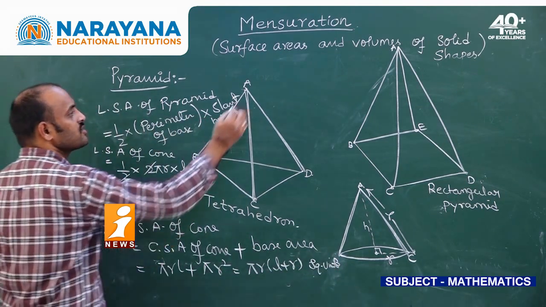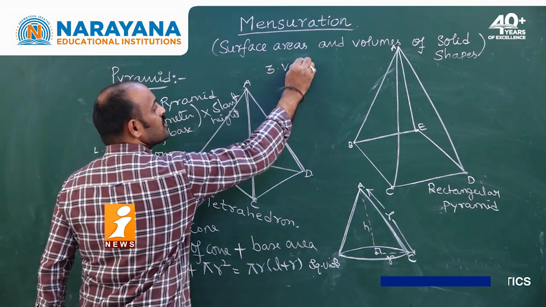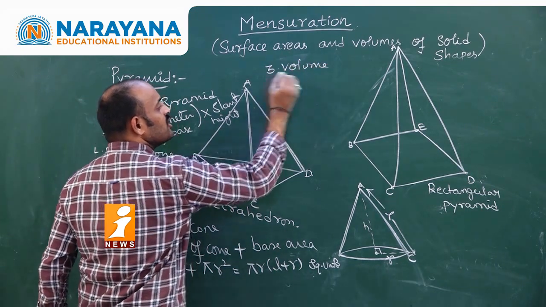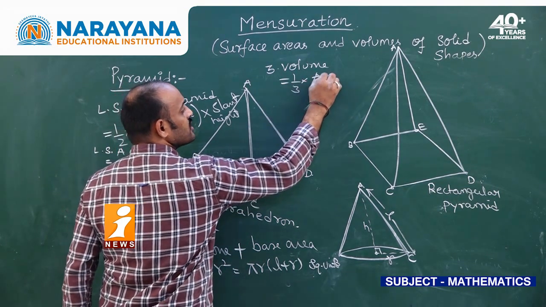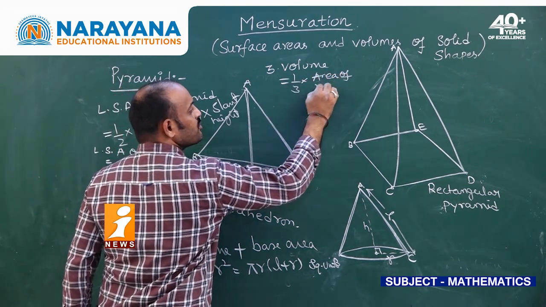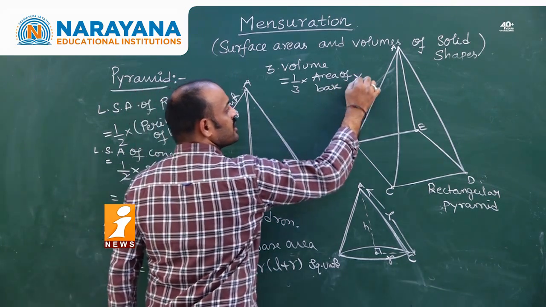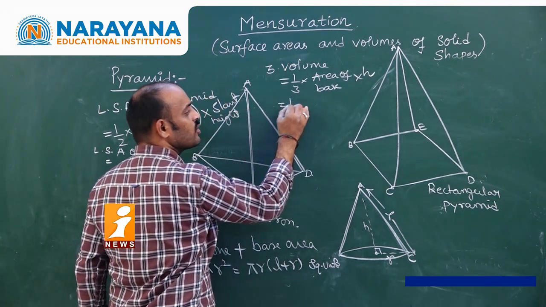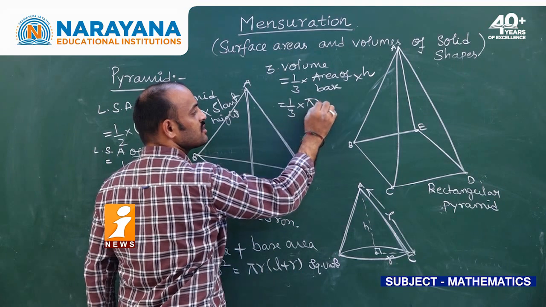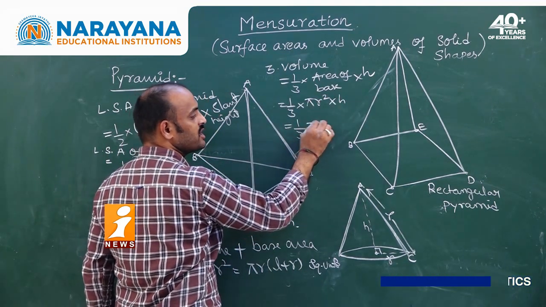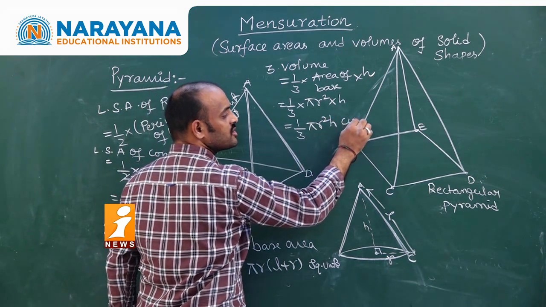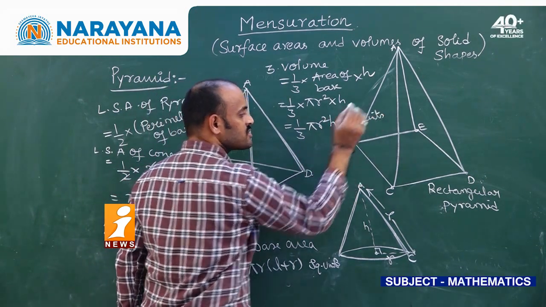Next, the third is volume. So, volume of pyramid is 1/3 of area of base into height. So, 1/3 into what is the area of base? Pi r square into h. Therefore, 1/3 pi r square h cubic units.